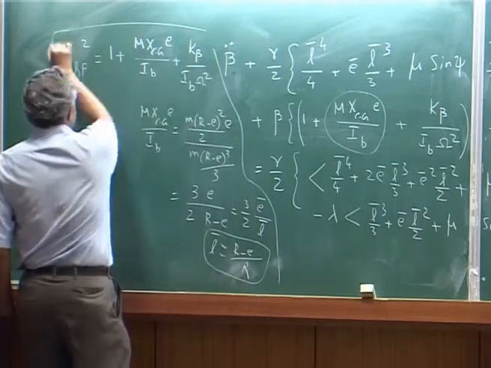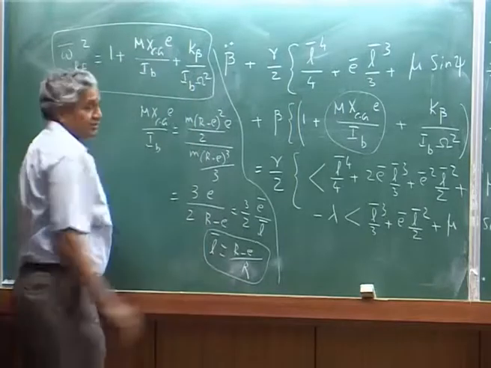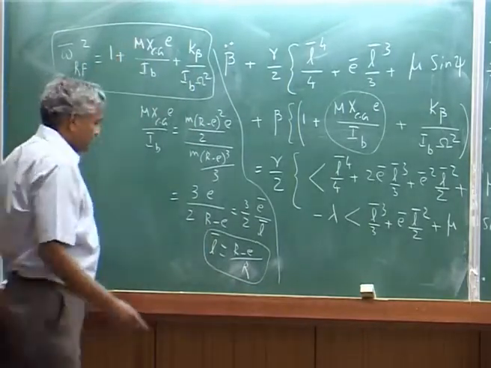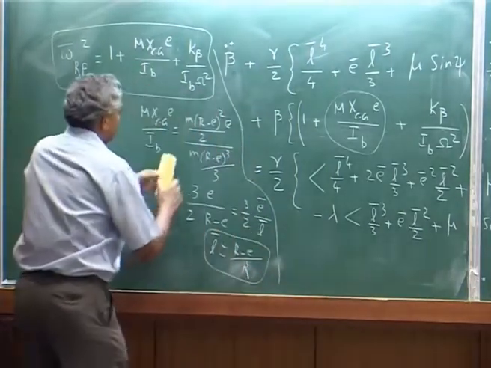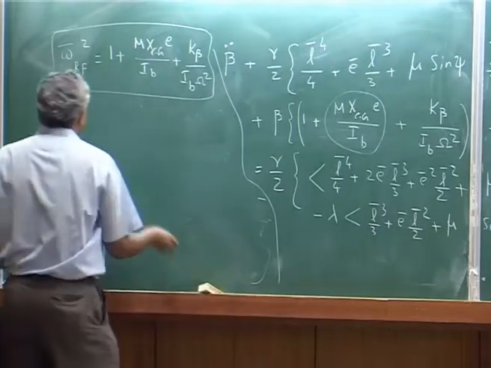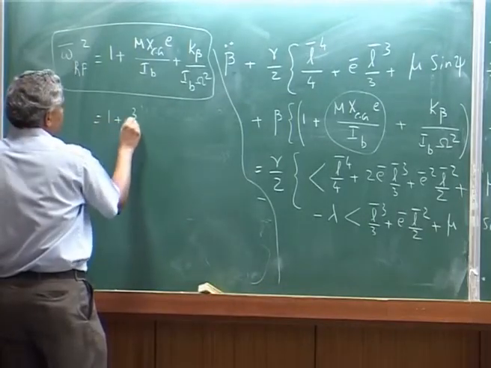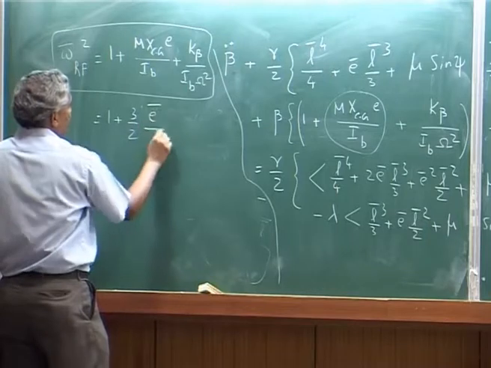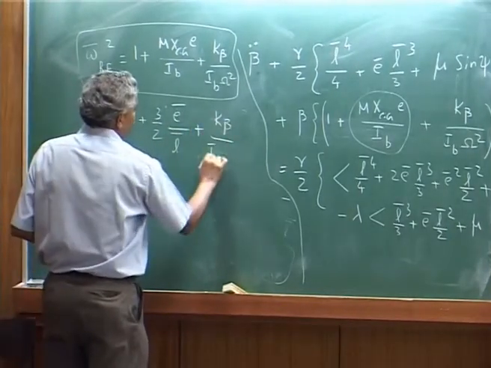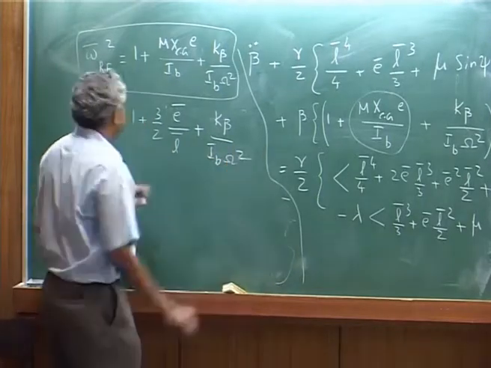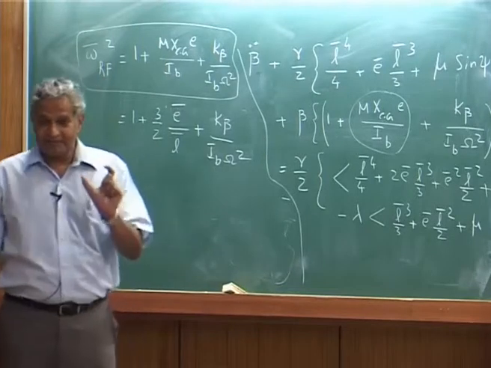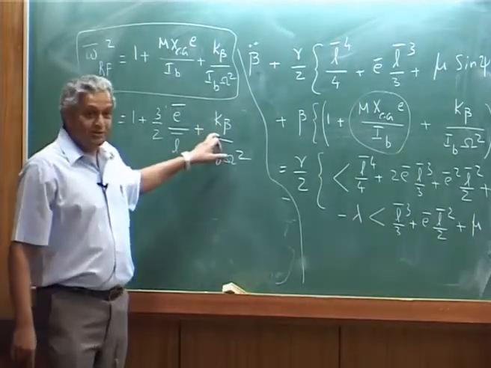Okay. This is my rotating flap frequency, and if my mass of the blade is uniform, then I will have the same expression simplified as 1 plus 3 by 2 E bar over L bar plus, okay, if m is constant.